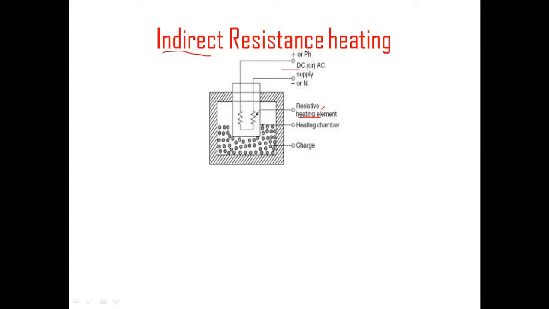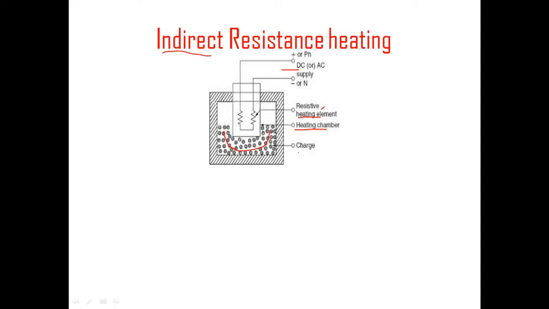So we will have an element which has very high resistance, and this is enclosed in a heating chamber, right? And this heating chamber is surrounded by the charge. The charge is nothing but the metal which needs to be heated, right?